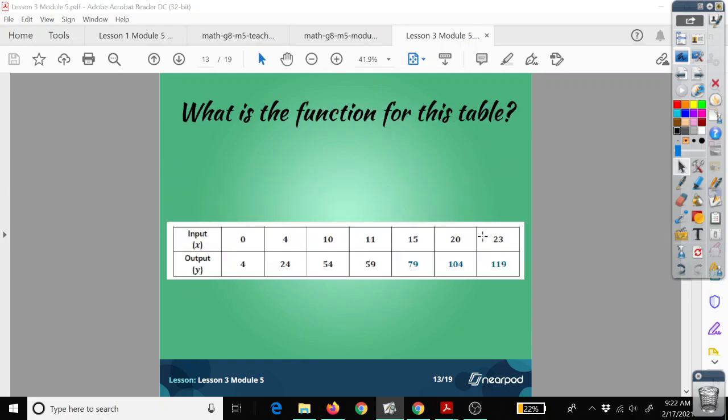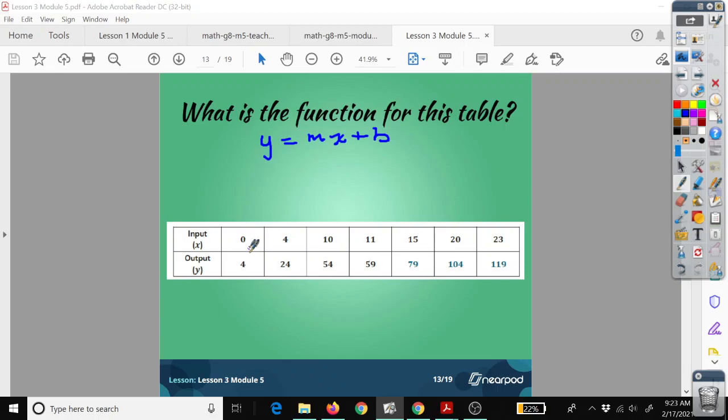Easy enough to remember. Let's take a look at this table. So we know when we're thinking of linear equations, when we're thinking of tables, mx plus b, right? The last one I jumped in by multiplying because there was no zero term. But this one I know I can't just multiply because 0 times anything is 0.